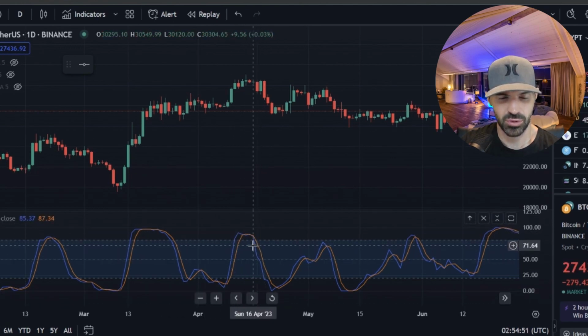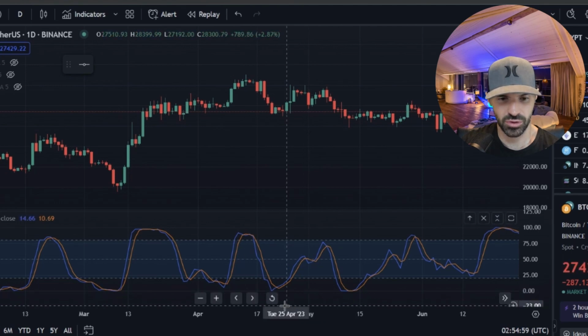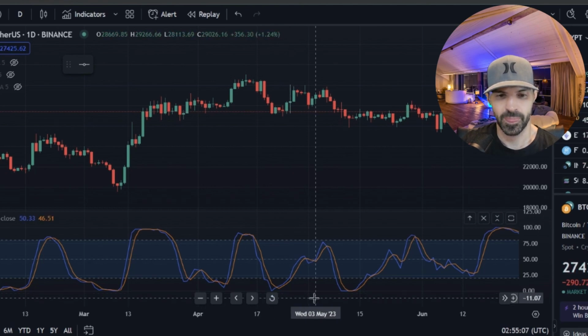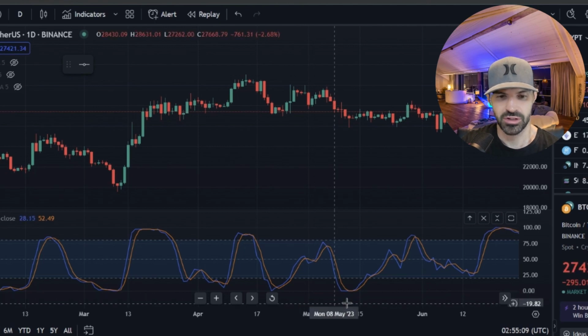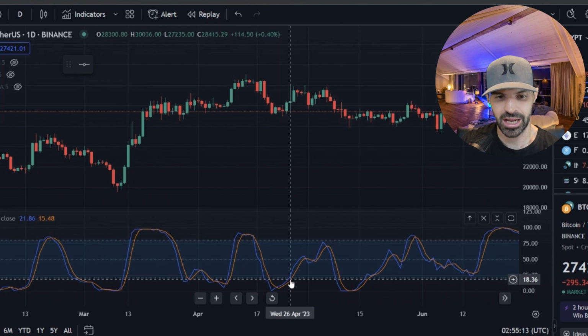Another strategy of how to use the stochastic RSI is, as you can see, the blue line comes below the 20 dotted line, and therefore the price is oversold. But it can be oversold for such a long time, and you don't know the exact pinpoint of when the reversal is going to happen. So what some traders do is they wait for the blue line to come back and break through the 20 line, and that could be a buy signal.